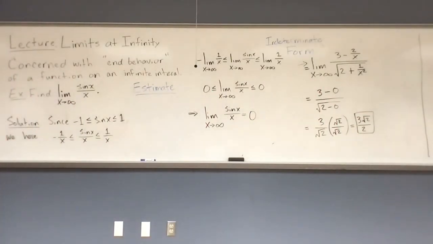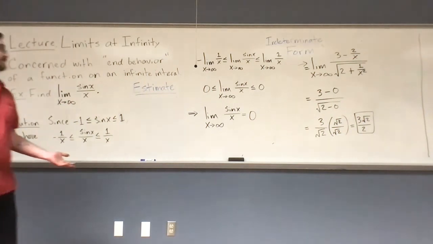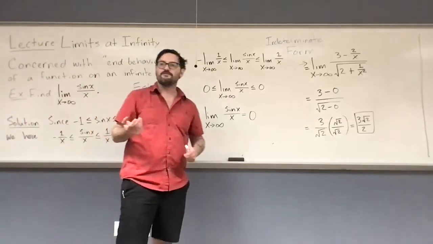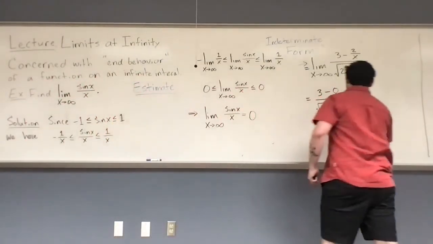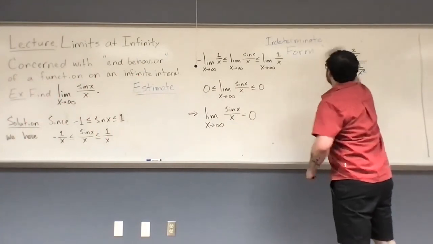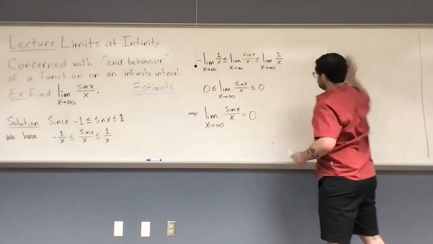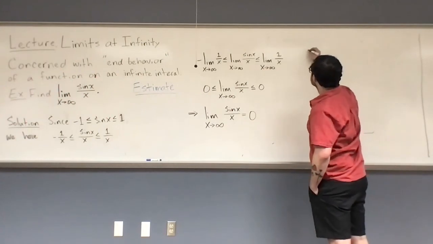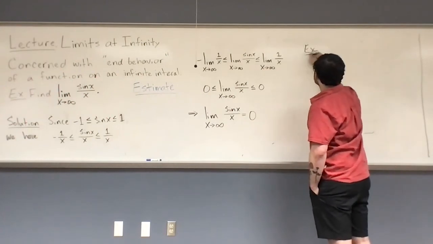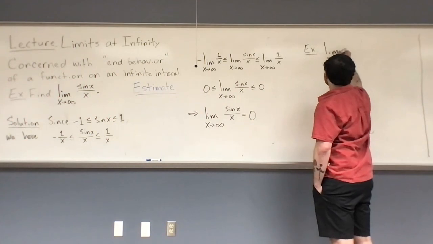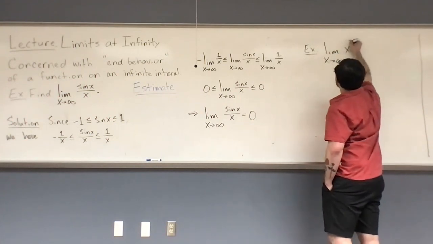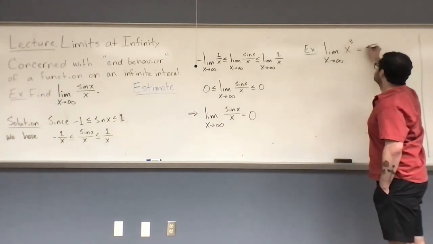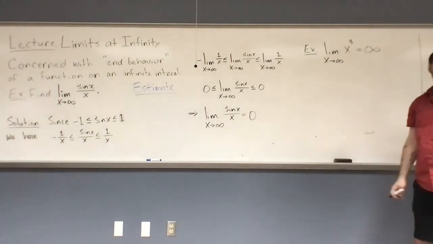Now, there are cases where the limit is what's called unbounded. For example, if we look at the limit as x goes to infinity of x cubed, that's unbounded.